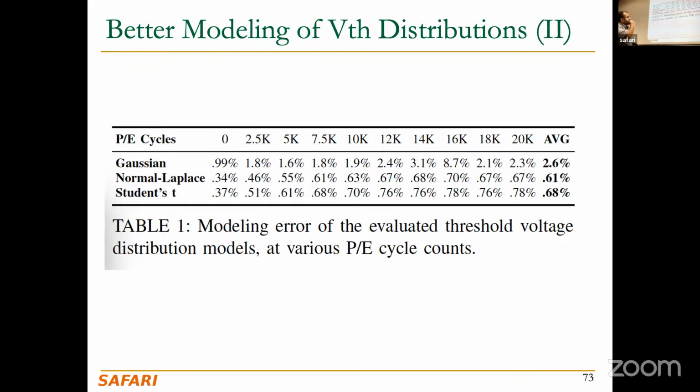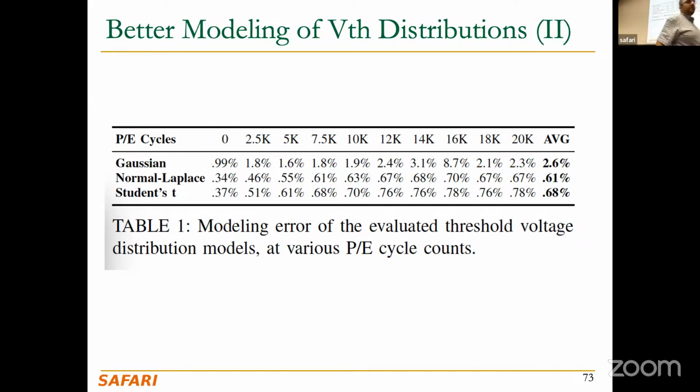With Gaussian, the average error rate is around 2.6%. But with normal Laplace, we can get 0.61%. But the thing is that Laplace is quite expensive in time.